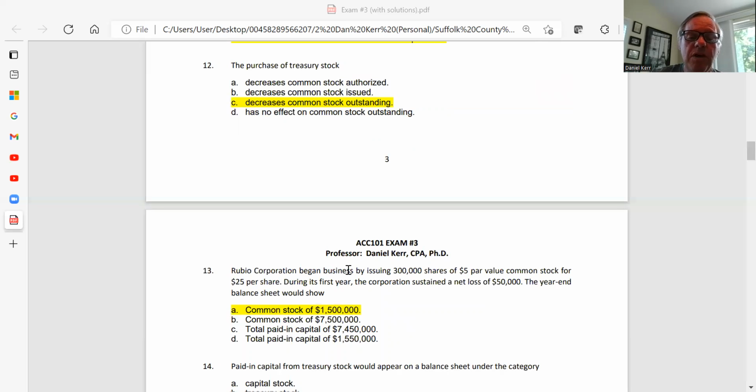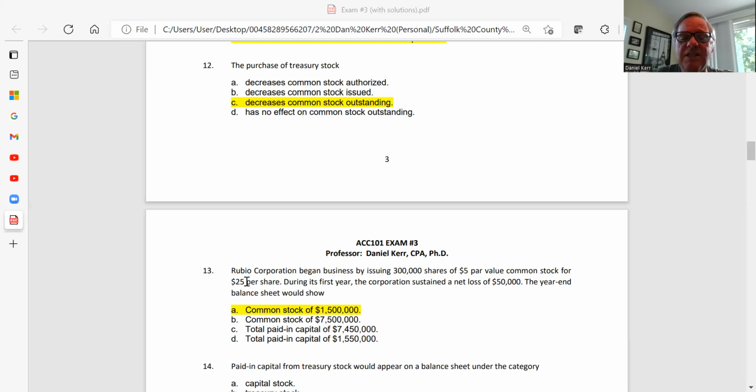13, Rubio Corporation began business by issuing 300,000 shares of $5 par stock for $25 a share. During its first year, the corporation sustained a loss of $50,000. So again, we're given information that we don't need here. When they sell the shares, the amount of paid-in capital they're going to have is 300,000 shares times $25. Five dollars was the par value, and $25 was the amount that they sold for.